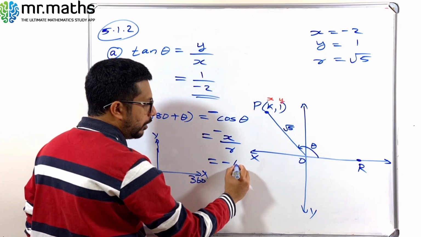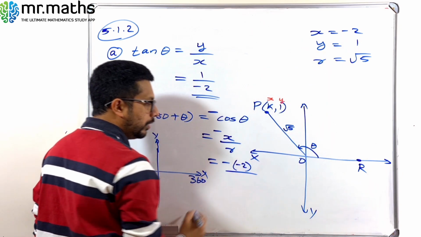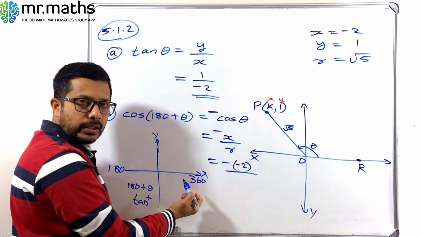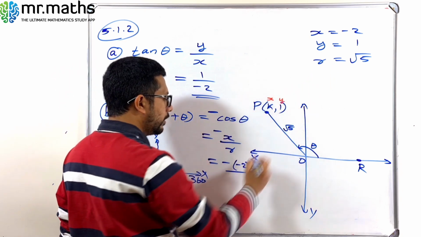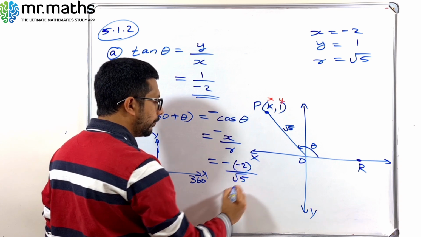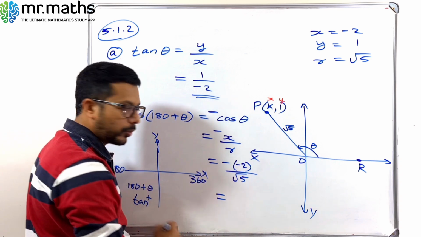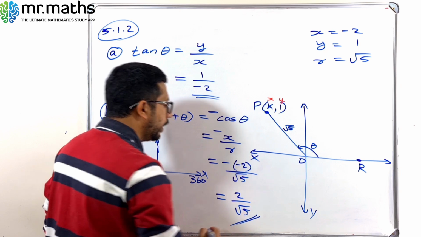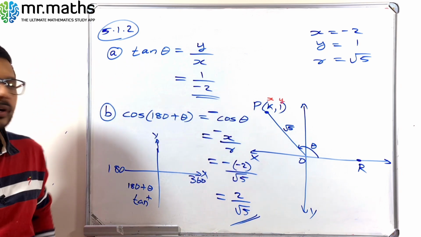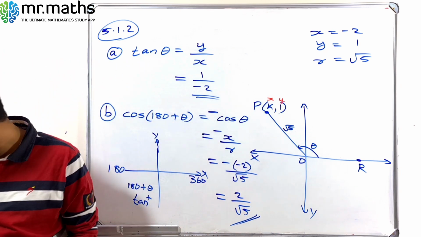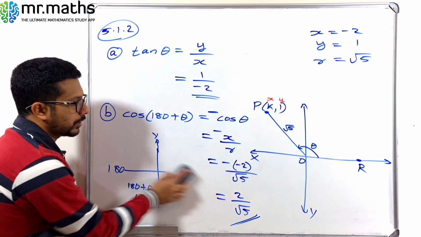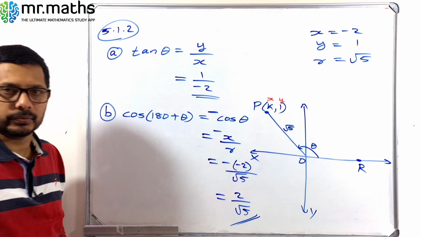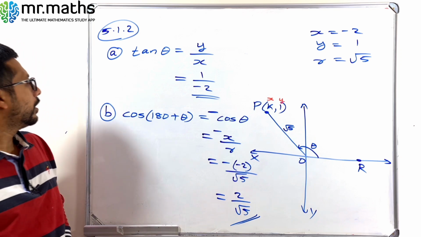So minus of minus 2 divided by r, which is root 5. Minus into minus is positive, so it is 2 divided by root 5, and that is the answer of cos of 180 plus theta. So that is question number B.